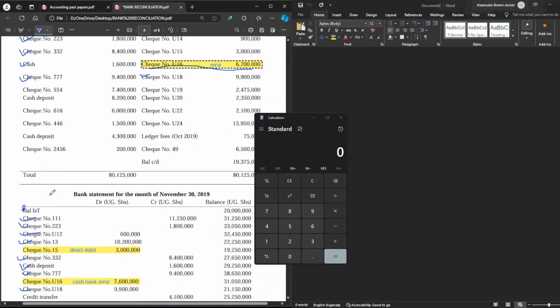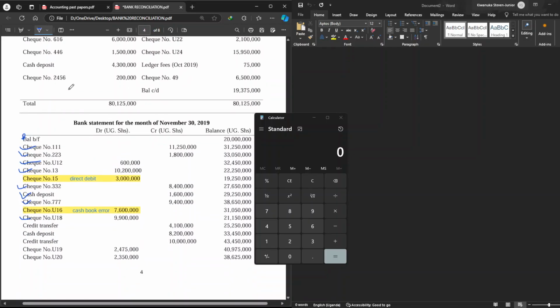So we have this credit transfer missing. Here they made the transfer, but the other side in the cash book, they didn't record it. Why? Because it is a direct credit.